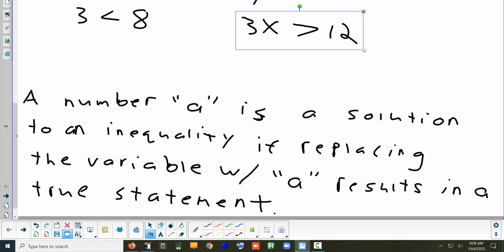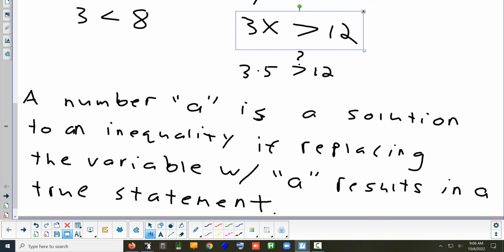So if we plug in 5, I just picked 5, I just made it up. 3 times 5, is that greater than 12? Yeah. So we get 15 is greater than 12. That means 5 is a solution. How about if I plug in 4? 3 times 4. Is 12 greater than 12? No. So 4 is not a solution.